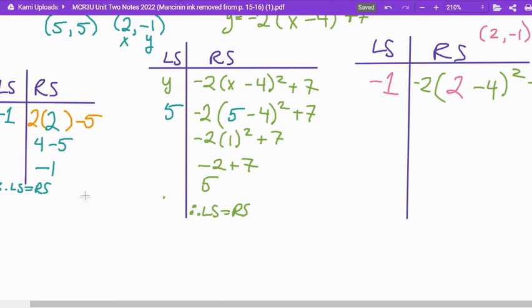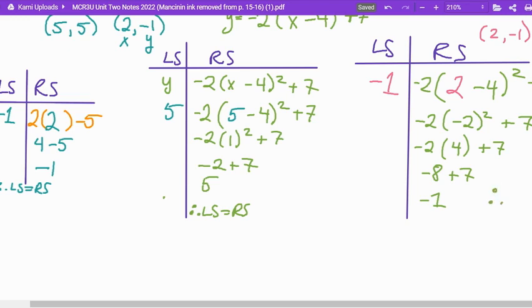And yeah, once again, we've got some BEDMAS operations. So whatever you can do inside the bracket, 2 minus 4 is -2, all squared, plus 7. -2 squared is +4, plus 7. -2 times 4 is -8 plus 7. -8 plus 7 is -1.